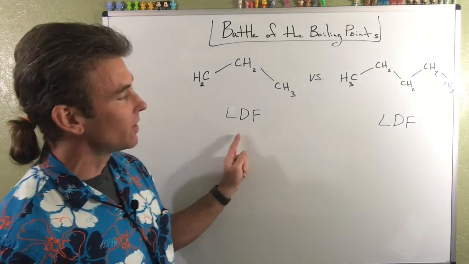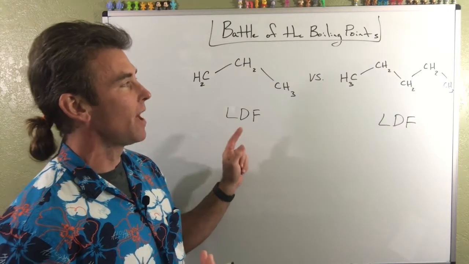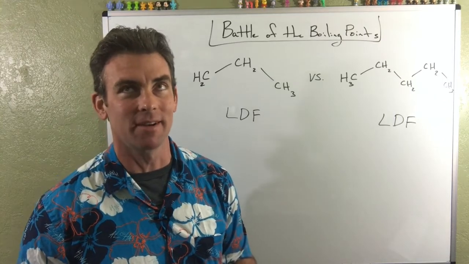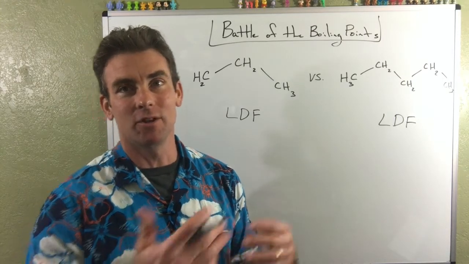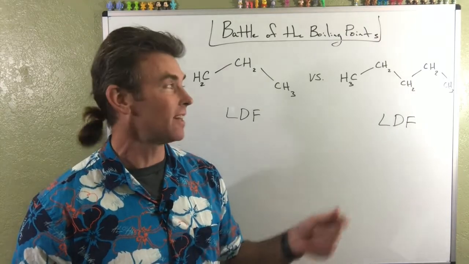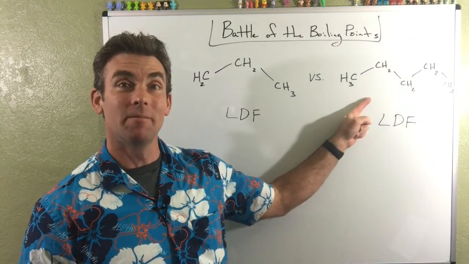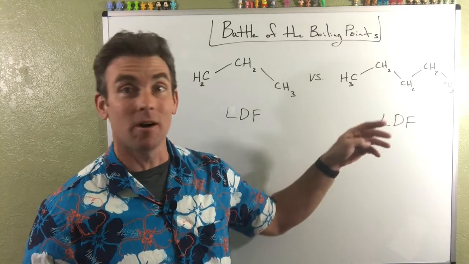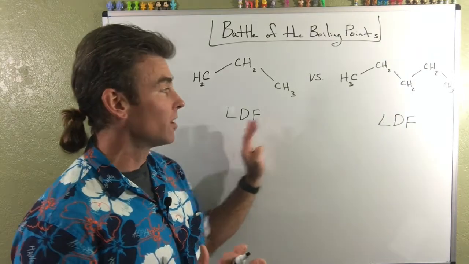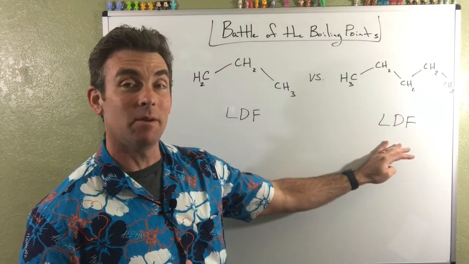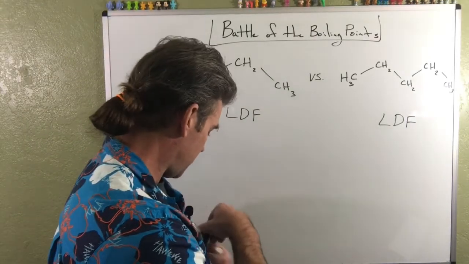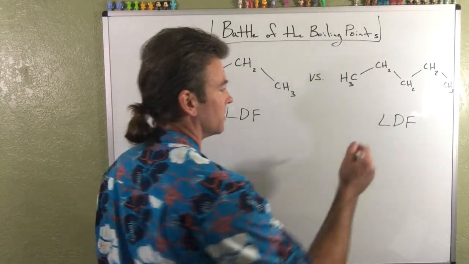London dispersion forces always depend on the quantity of electrons that could, at any particular point, have a little excess in one spot versus another. You drastically increase that likelihood for something like this, where it's got a whole bunch more carbons and a whole bunch more hydrogens, right? So in this particular case, even though the London dispersion force is the same in both, this one will win just based on the fact that there is more opportunity for London dispersion force.